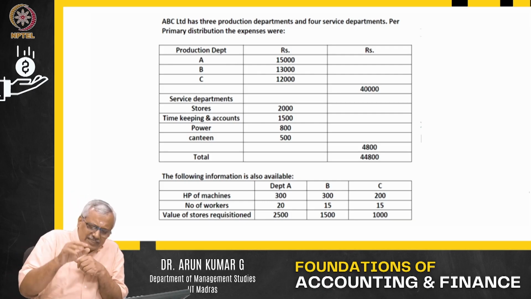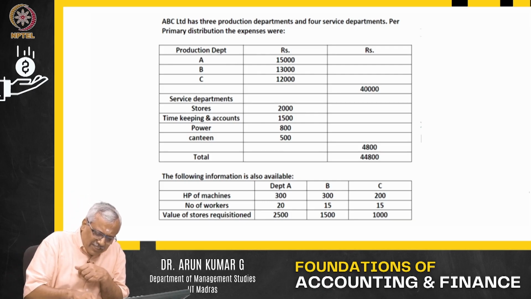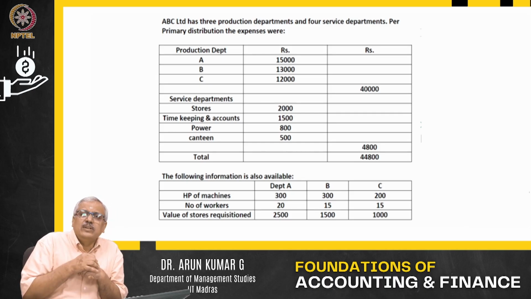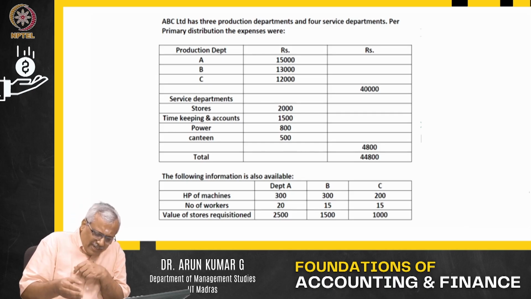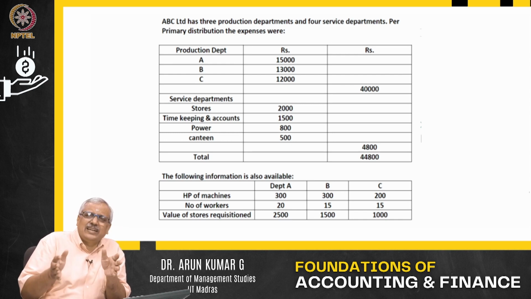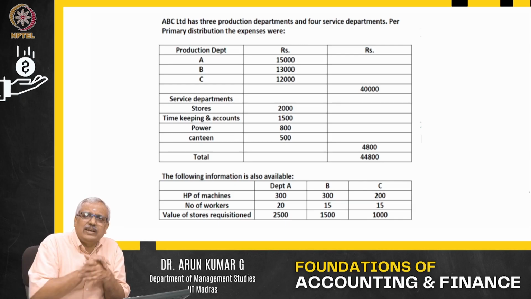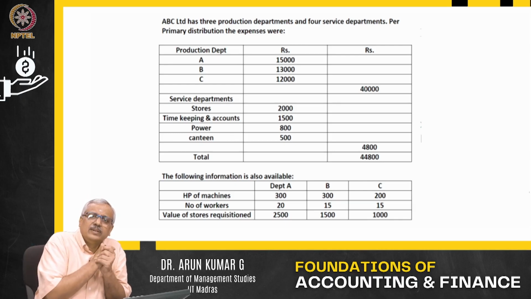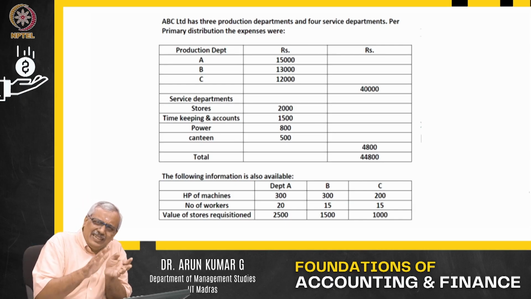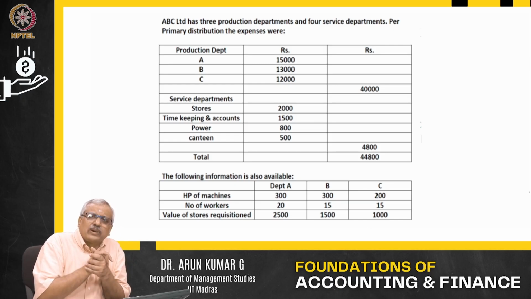The value of requisition from the stores is for department A 2500, for department B 1500, for department C 1000. So ideally you allocate it on the basis of 5:3:2, that is 25:15:10. I allocate it on the basis of that and then be done with it. Traditionally, conventionally, yes, accepted, fine, over.